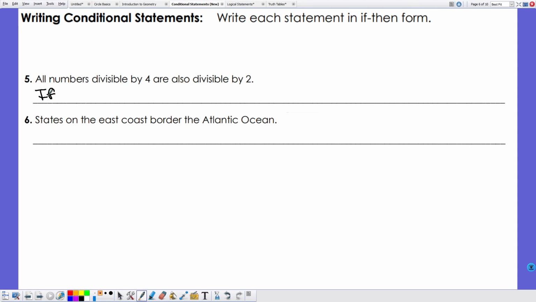So if a number is divisible by 4, then we can conclude it is also divisible by 2. Then it is divisible by 2.